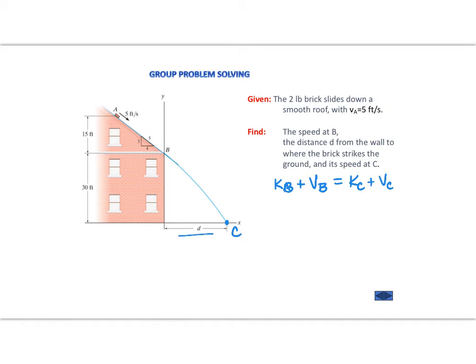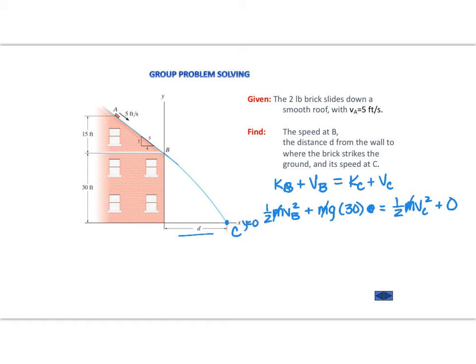This time, I know the speed at B from the previous part, and I'm going to use C as my reference point, and so the potential energy at B is mg times 30. Oops. Then 1/2 m v_C squared, and it doesn't have any gravitational potential energy at point C. This time I'm going to do it differently and get rid of the mass.